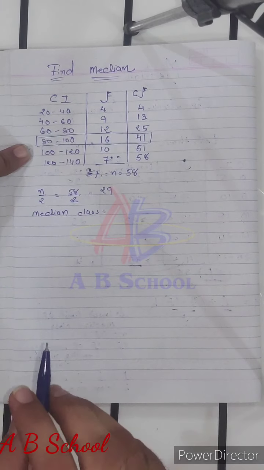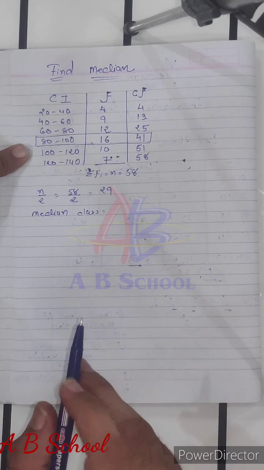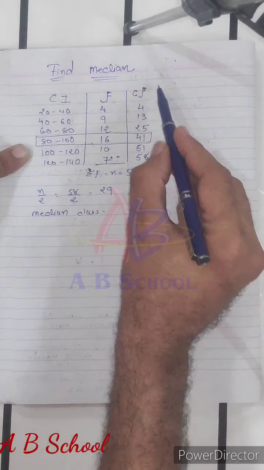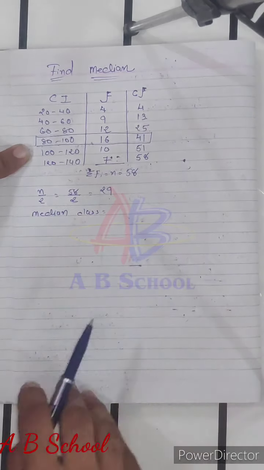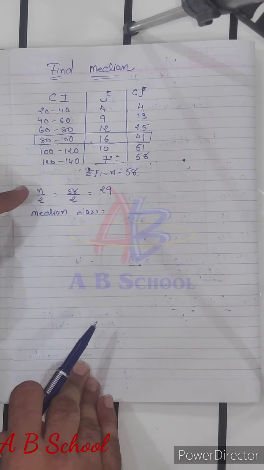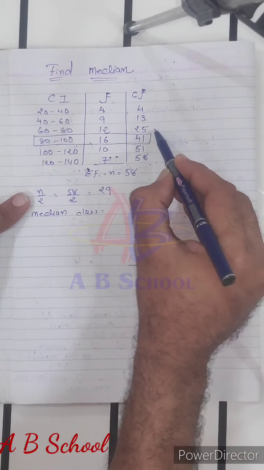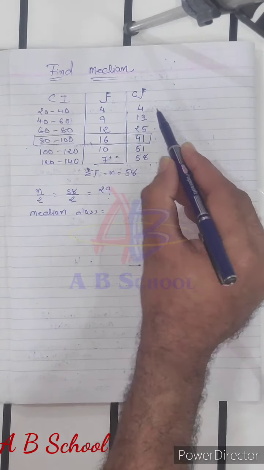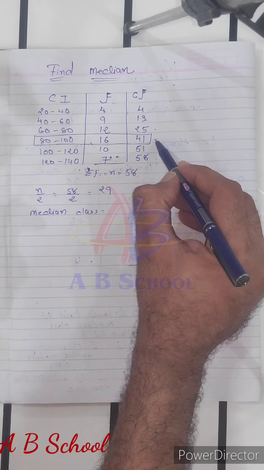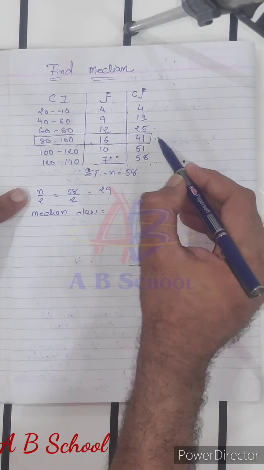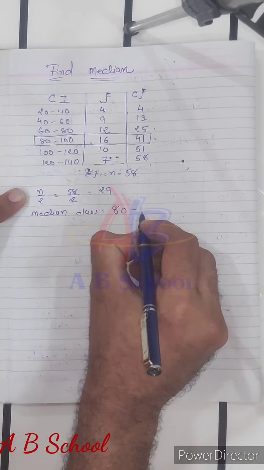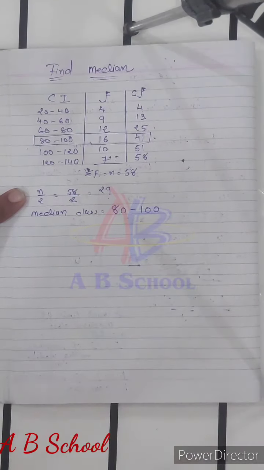In simple form, we need to see which cumulative frequency is just higher than n by 2. 25 is smaller than n by 2 and 41 is just above it. So the class 80 to 100 is my median class.